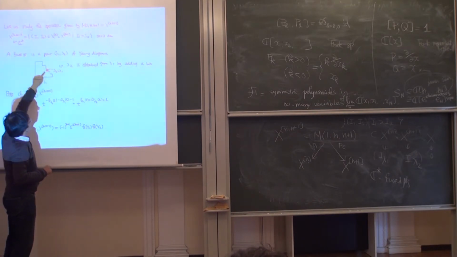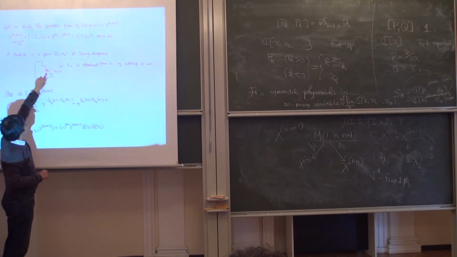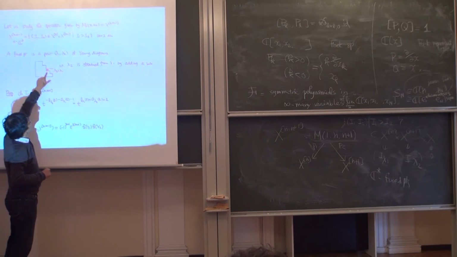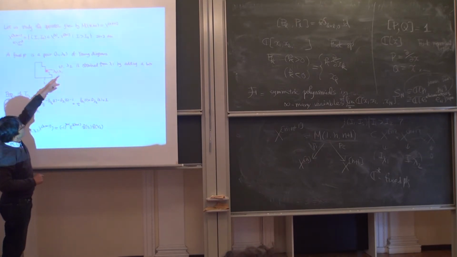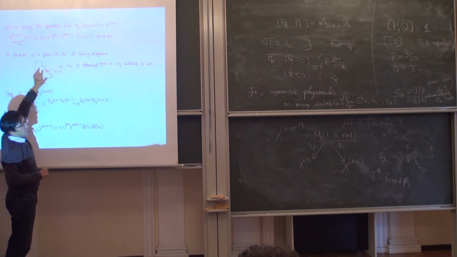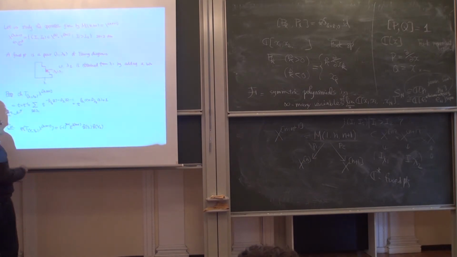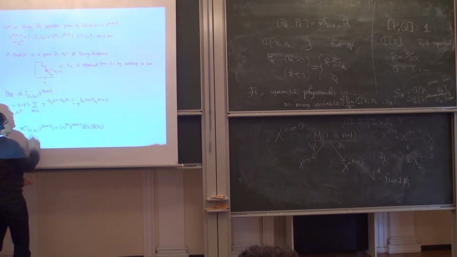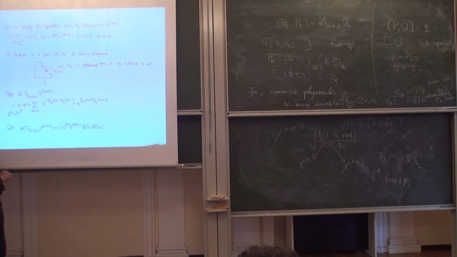I draw one Young diagram and draw another box, so the total number of boxes differs only by 1. The larger Young diagram is obtained by adding one box to the smaller Young diagram. I just denote the single box which you add to the smaller diagram. So this is the picture.